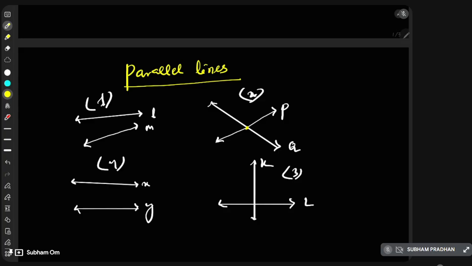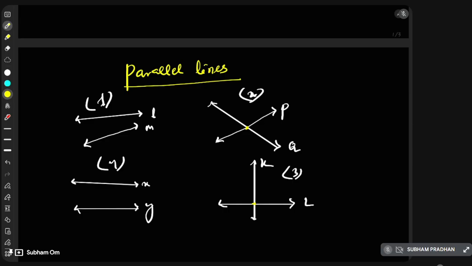Similarly, line K and line L are also intersecting at a particular point. We saw that if two lines intersect each other, those lines are called intersecting lines. But we are talking about parallel lines.